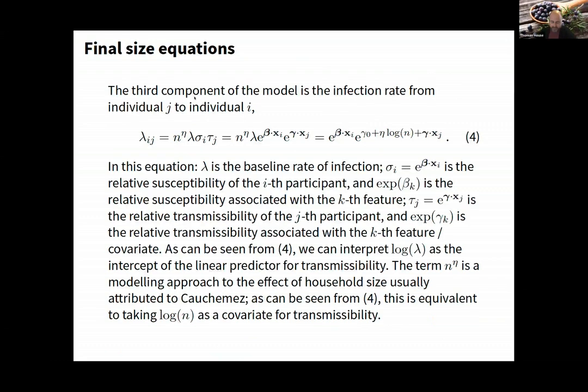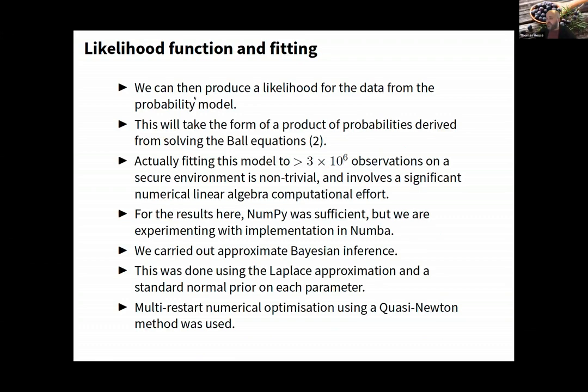Okay. And then we put covariates on the risk of infection coming into the household, the transmissibility of each person, and the susceptibility of each person, of each type. Then this was done as Bayesian inference under the Laplace approximation, because the data is so big and the secure environment is not a supercomputer. So there's a closed form likelihood.